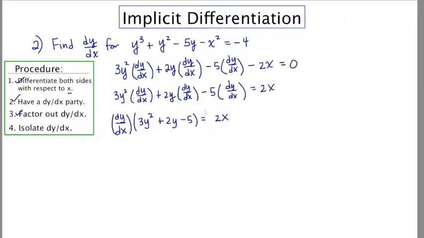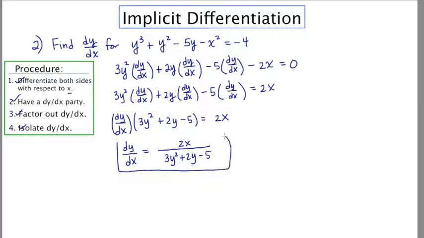And our last step is to isolate dy/dx, and we're going to do that by dividing away everything else. So dy/dx, also known as the derivative, is equal to 2x all over 3y squared plus 2y minus 5.